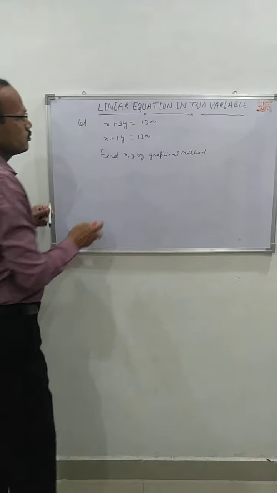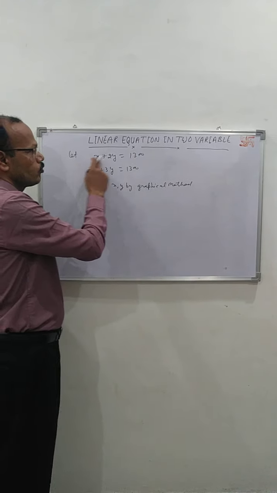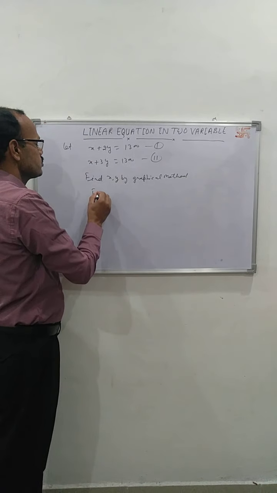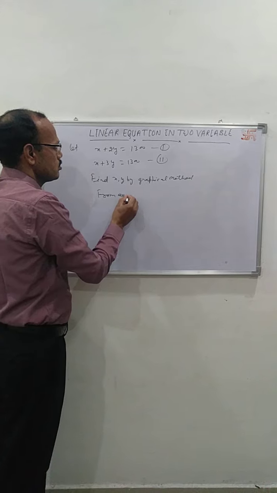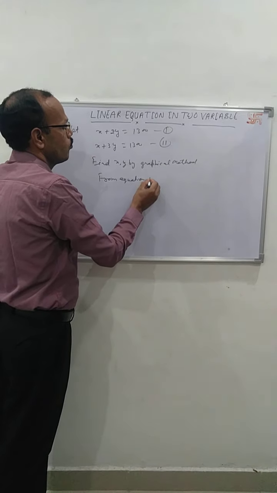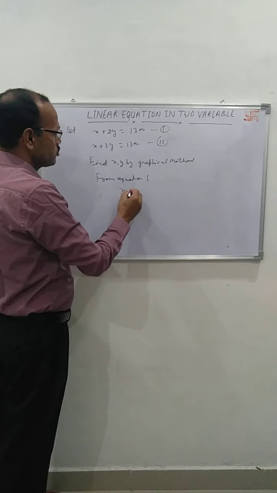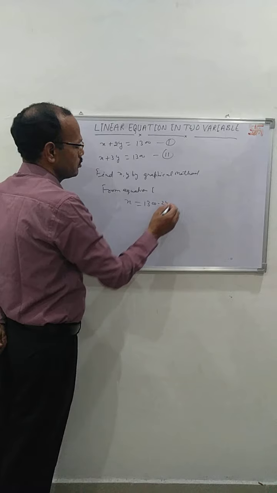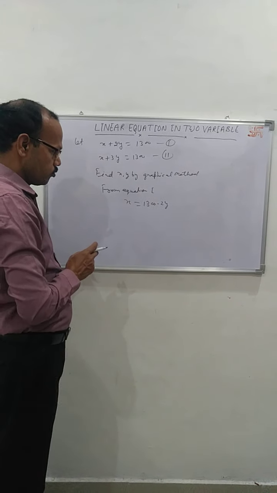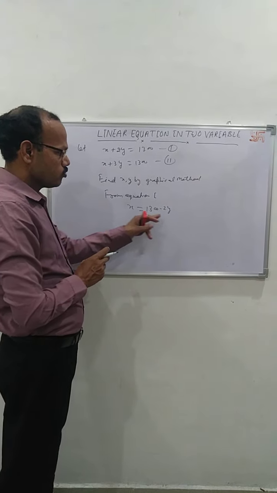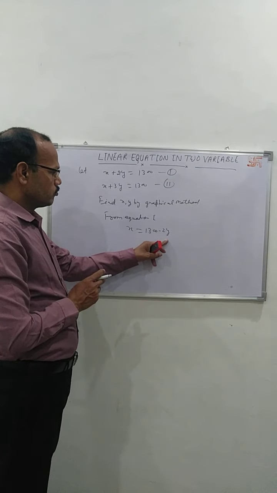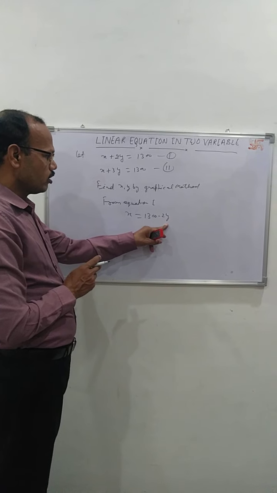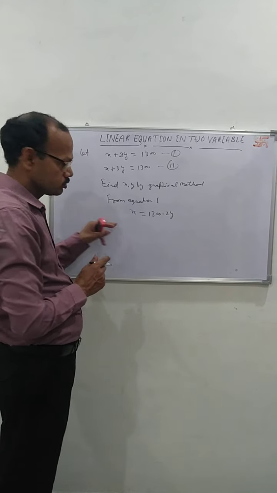First we find the value of x from equation 1. Suppose this is the first equation and this one is the second equation. From equation 1, x is equal to 1300 minus 2y. Now we take any value of x for which we get y, otherwise we take any value of y by our own choice, and on putting it we get x.